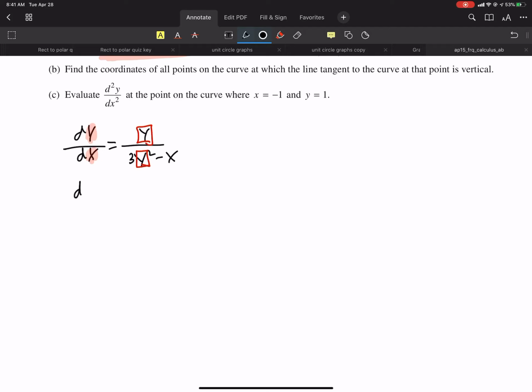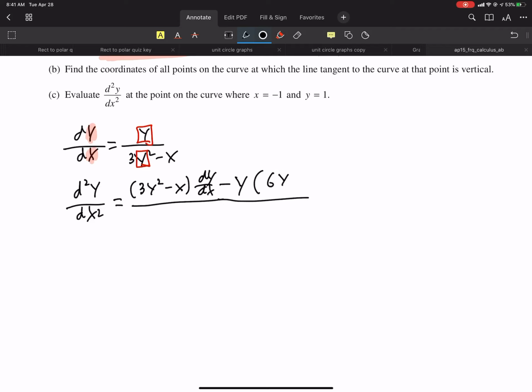So take the second derivative. We have to do the quotient rule on the left. Quotient rule on the right. So it's low d high, but the derivative of y is dy dx, minus high d low. So the derivative of this is 3 box squared. So it's going to be 6 box to the first times the derivative of a box. But what's the derivative of y?